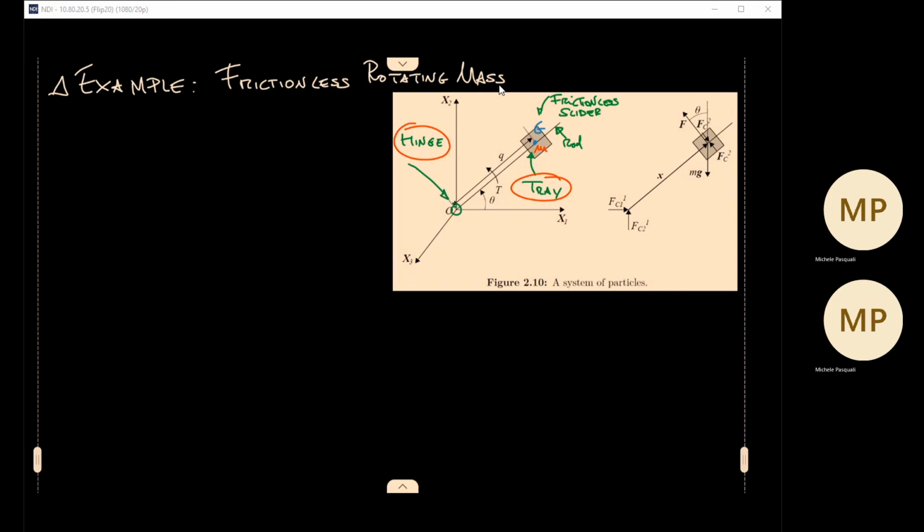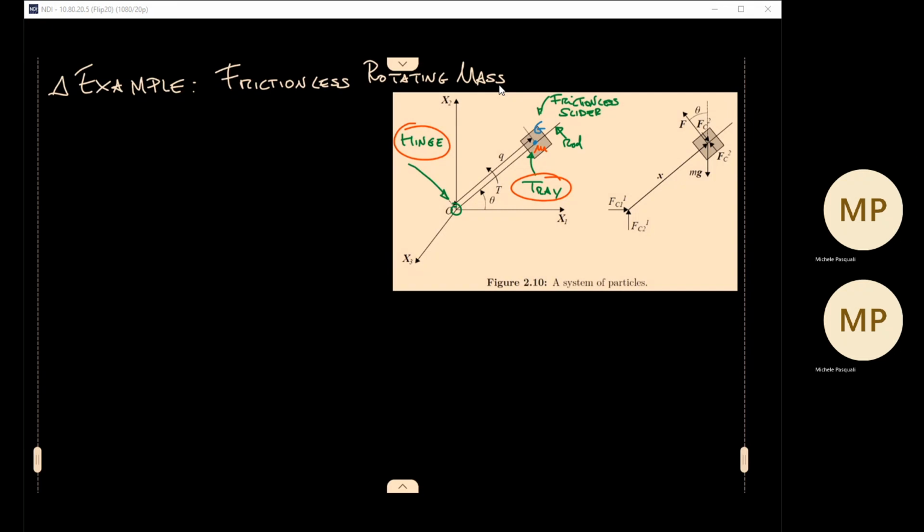We have basically the weight, m times g. We have basically two contact forces which are equal and opposite in sign. One is the contact force that the rail exerts on the mass, so the application point is the mass.